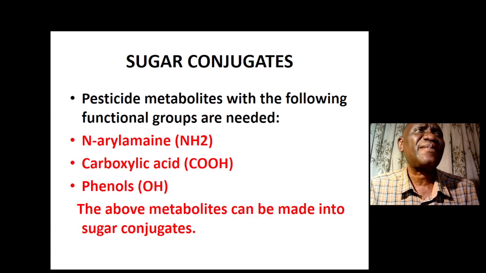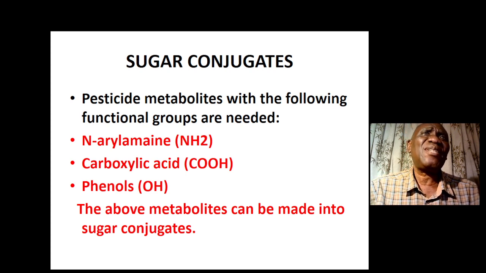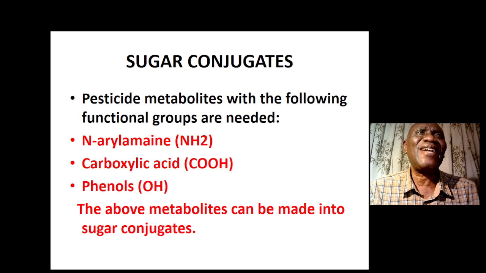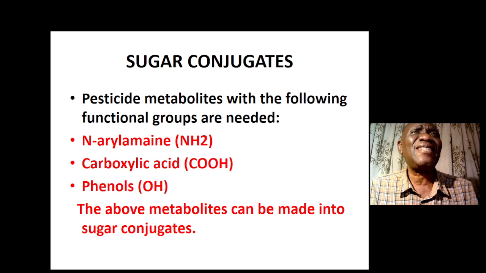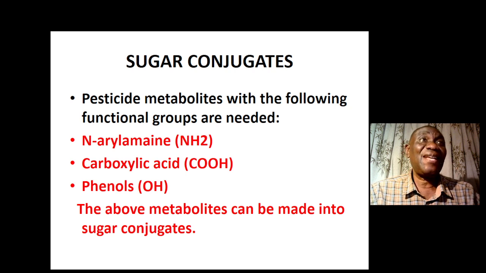Sugar conjugates. Now, sugar, we know it is required for energy within a living system, but it can detoxify pesticides. So sugar can combine with pesticide metabolites if they have an amine, an amide, a carboxylic acid or a phenol.